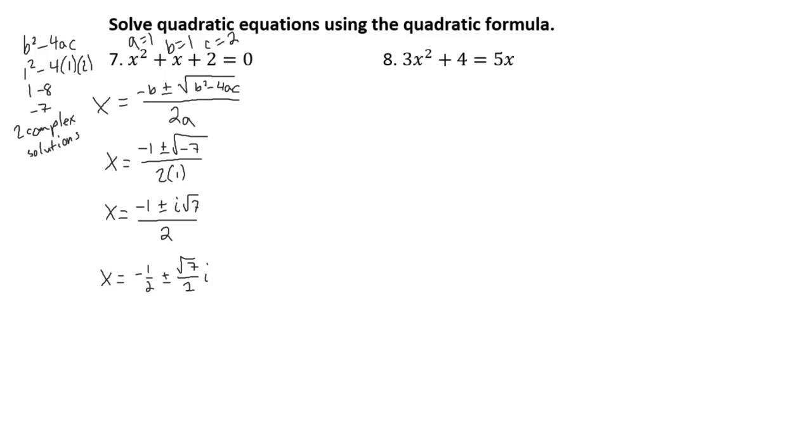All right, let's go ahead and look at our next example. Here we need to rewrite it as 3x squared minus 5x plus 4 equals 0 when we move it to the other side. So we get a equals 3, b equals negative 5, and c equals 4. So x equals negative b plus or minus square root b squared minus 4ac all over 2a.